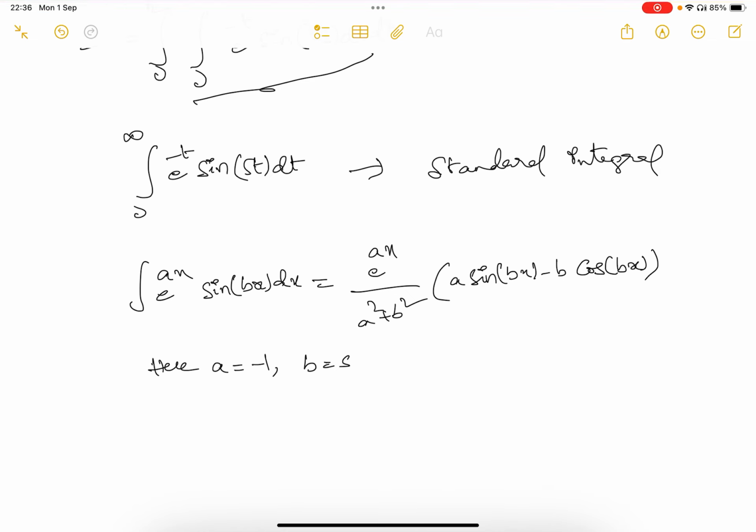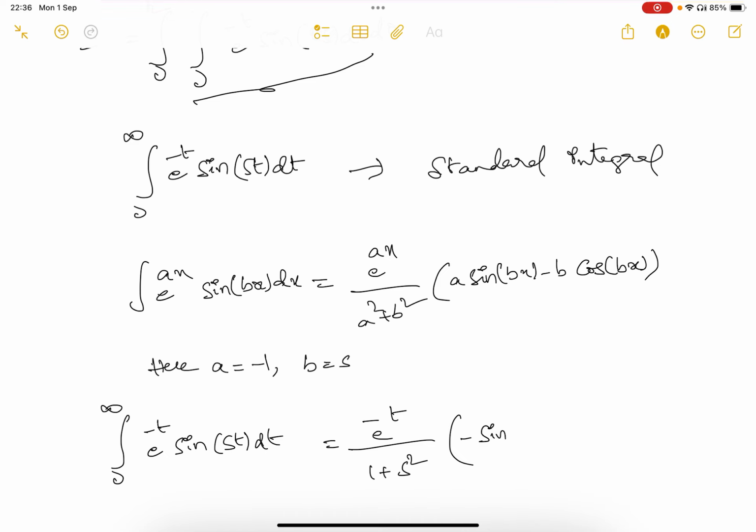The integrating variable is t here, x there. Then integral 0 to infinity e power minus t sine of st dt will be e power minus t by (minus 1 square is 1, plus b square is s square), into (a, which is minus 1, times sine of st, minus b, which is s, times cos of st).